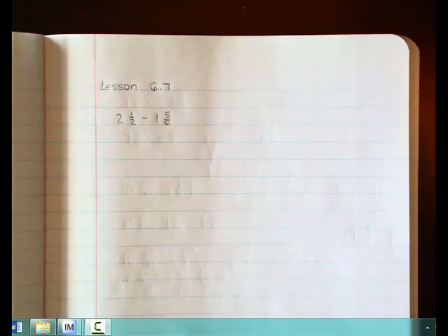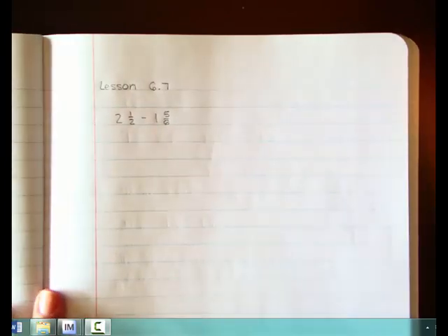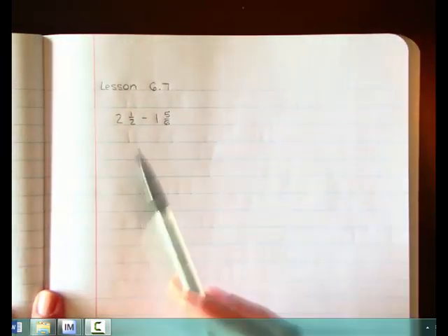All right, and then for lesson 6.7, which was 19.2, you are subtracting with renaming. Yes, subtracting with renaming. So again, we're following the same concepts we saw in the last lesson.